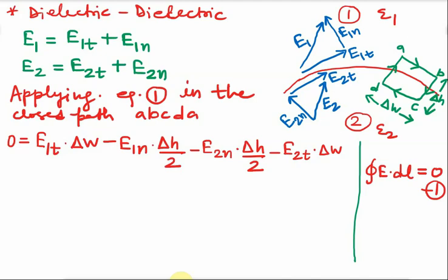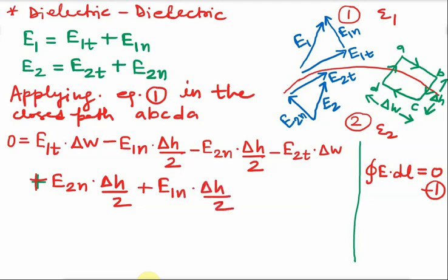So plus E2N dot del H by 2, and the upper half of DA is lying in the first region, so it is along E1N. So we will write plus E1N dot del H upon 2. In this way we can write this equation.